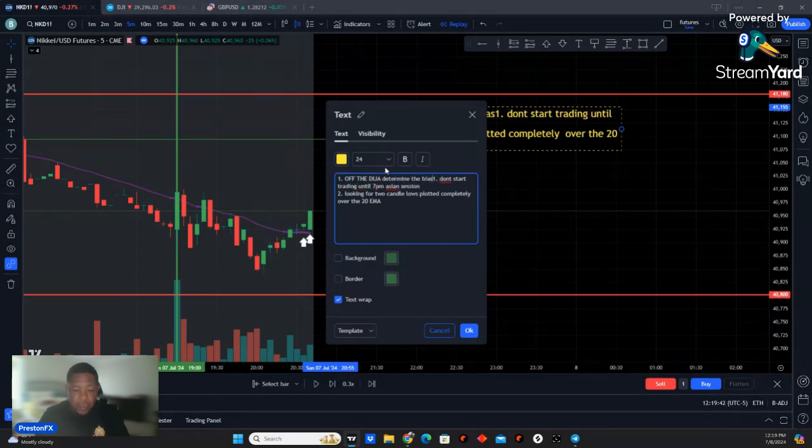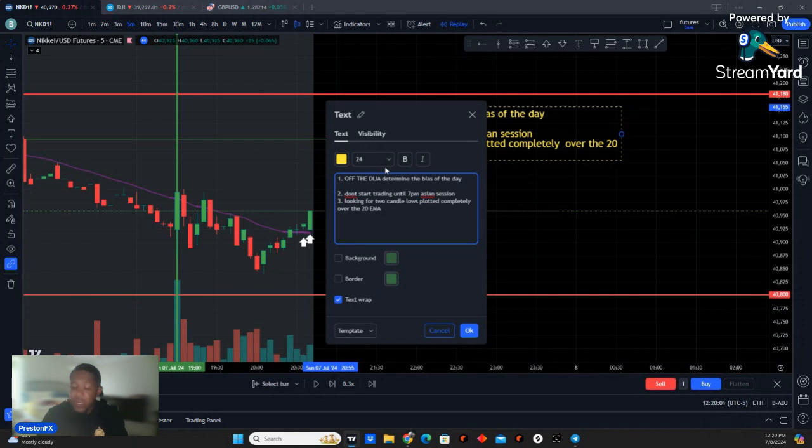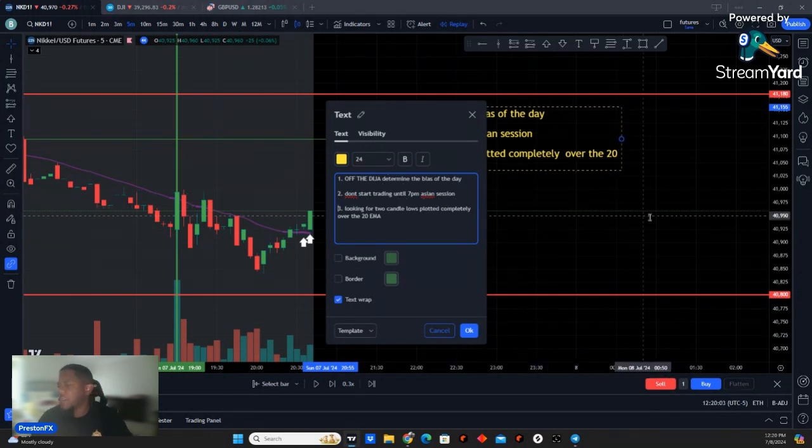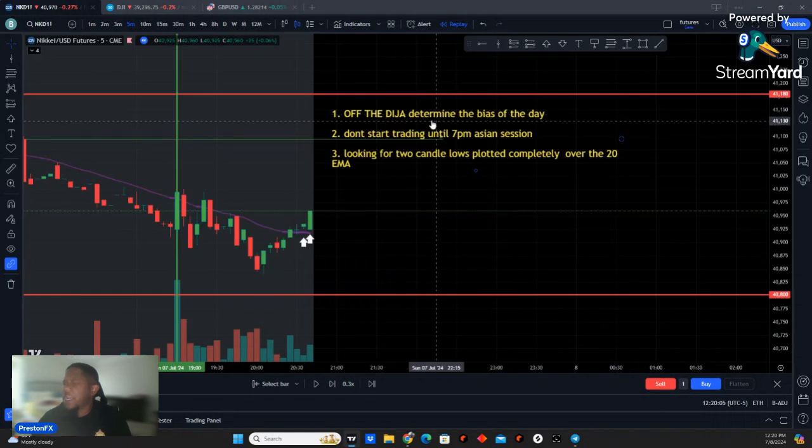The bias of the day. All right, let's make this 2. And let's make that 3. Boom. Separated so you'll see. So off the DJIA, I'm sorry, determine the bias of the day for me.